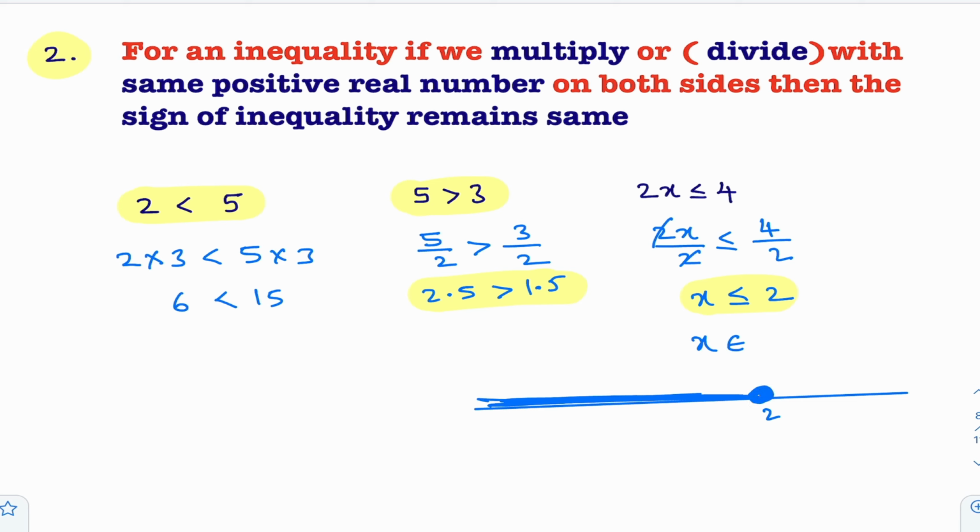The highlighted part is the solution, right? So we write it as minus infinity to 2. Since less than or equal to is there, 2 is included, and when 2 is included we write a closed interval, minus infinity to 2. I hope you are understanding.